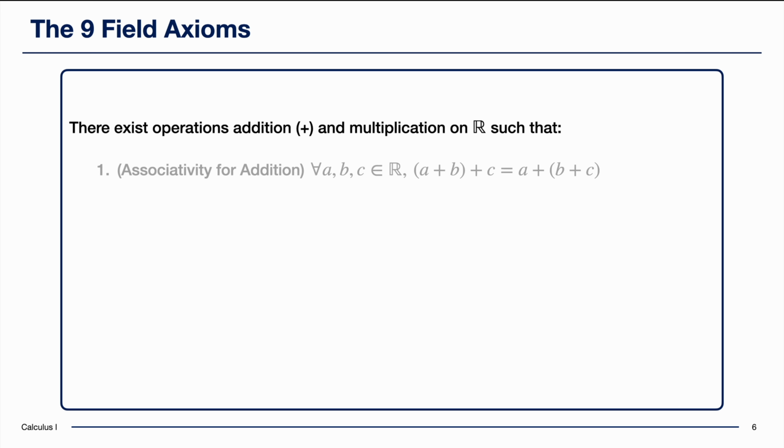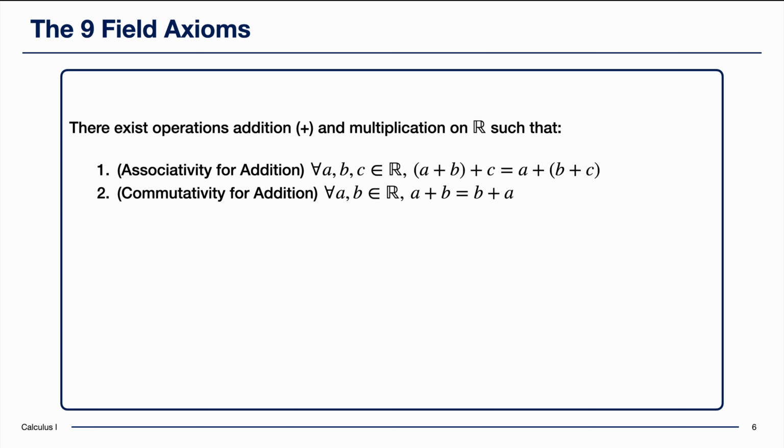So first, we have associativity of addition, which states that for all a, b, and c in the real numbers, (a + b) + c is equal to a + (b + c). And this essentially means it doesn't matter how we add the numbers, you'll always get the same result.